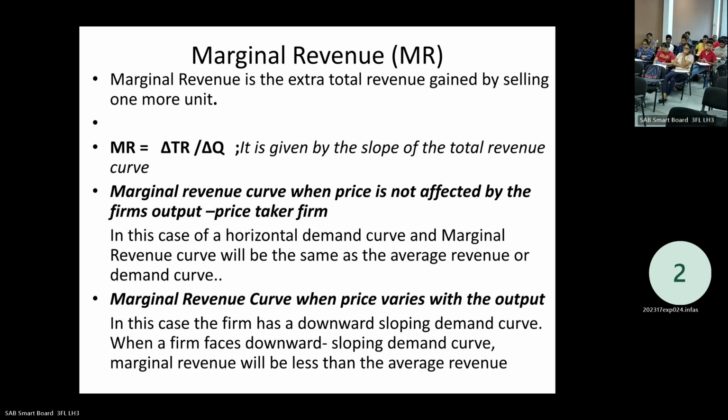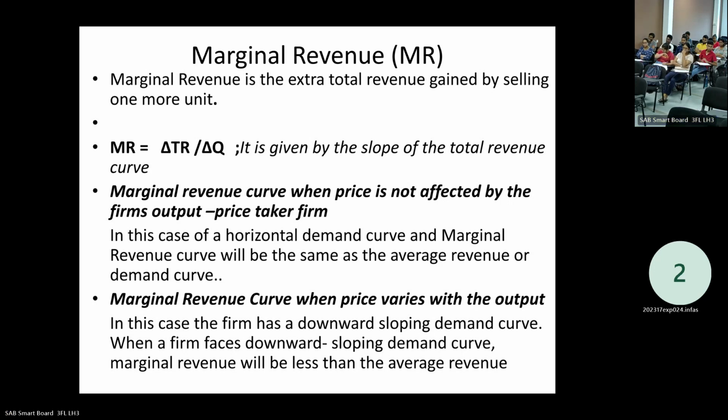So if you differentiate the total revenue in terms of Q, what you get is equal to price. So marginal revenue equals price. That's why in the linear line we know that slope is constant, that equals the price of the product.